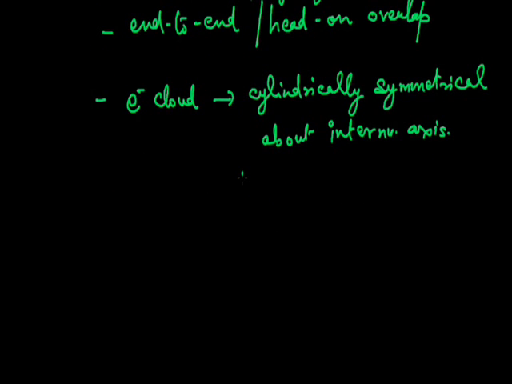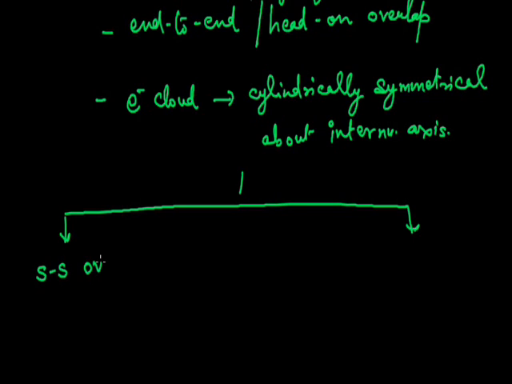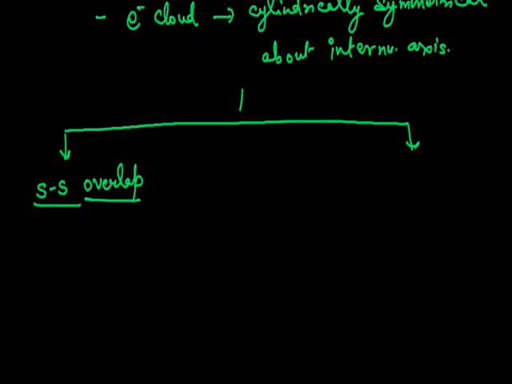Now further, this sigma bond could be of three types. First is ss overlap, that results in the formation of a sigma bond, where one s orbital is combining with another s orbital.